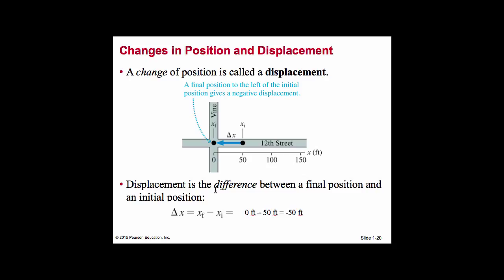And so we're going to see that sometimes it's the same number, but other times it's different because displacement has direction associated with it. So our change, delta x, is our displacement. So we have x final, which is 0 feet, minus x initial, which is 50 feet. That gives us a negative 50 feet of displacement. And that negative sign is important.